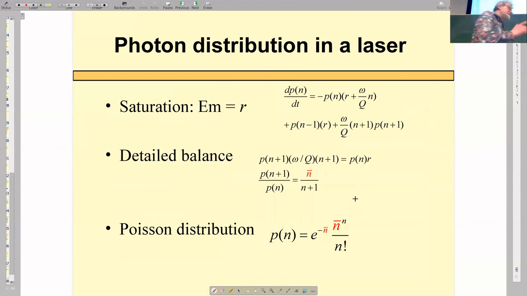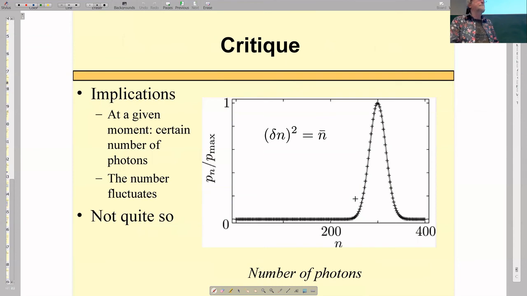And again, just for fun, I would like to compute the probability in the saturated regime. Don't want to go into many technical details. Let me just show you the answer.